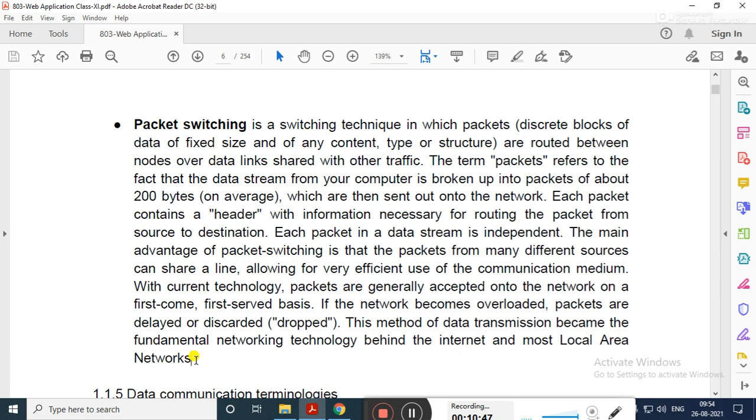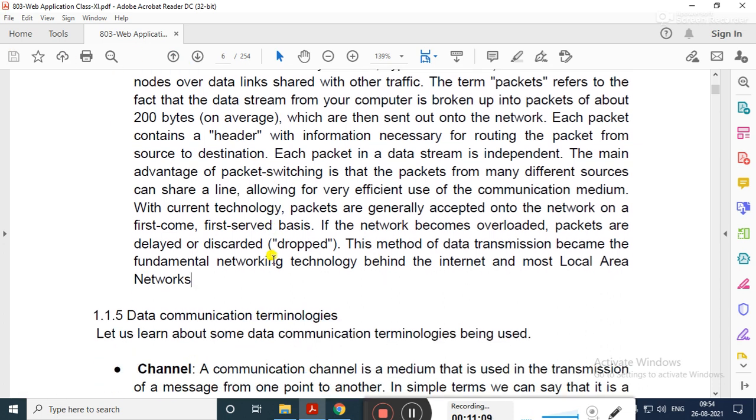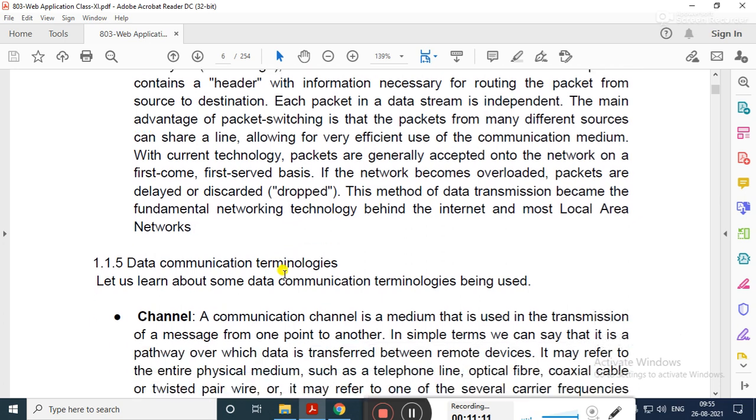So it is possible to send different packets and different data on the same channel. It is not mandatory that only the same kind of sources send data packets from one network to another, from one node to another. From different sources, packets can come.